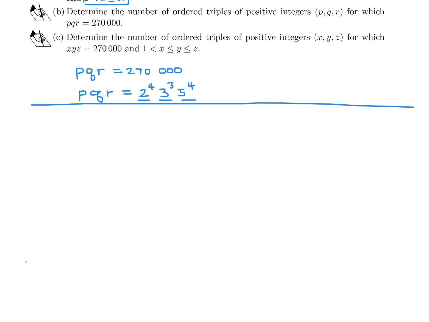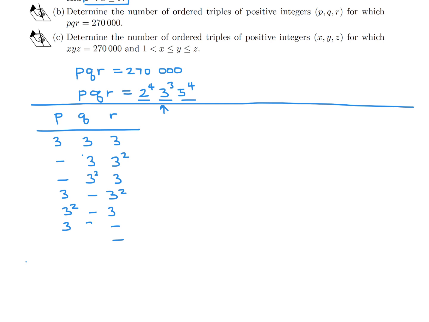So for P, Q, and R, if we look at the threes, you can have the 3 distributed like that, or you can have one be 3 and the other be 3 to the power of 2. And there's going to be about 6 of those, right?